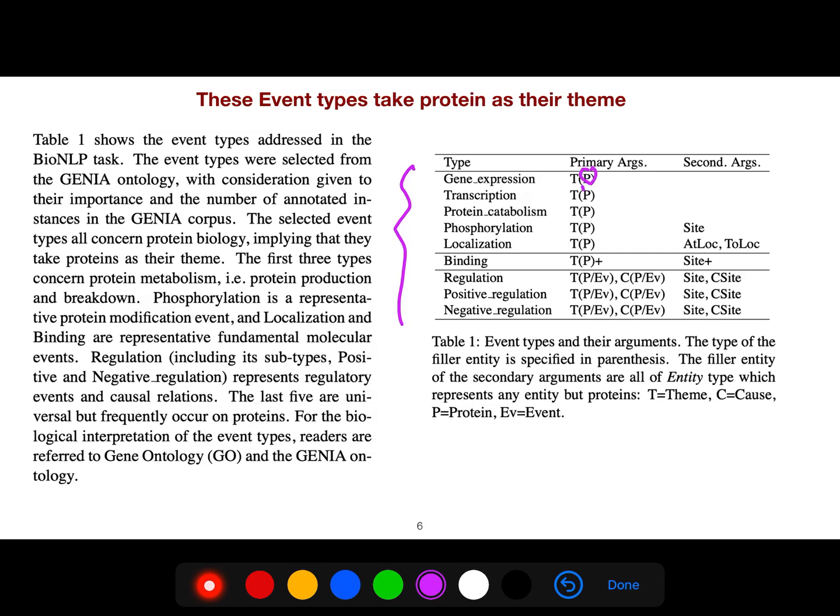As you see, all of them take protein as their theme, except these 3 types, which take not only proteins but also events as arguments, either as theme or as cause.